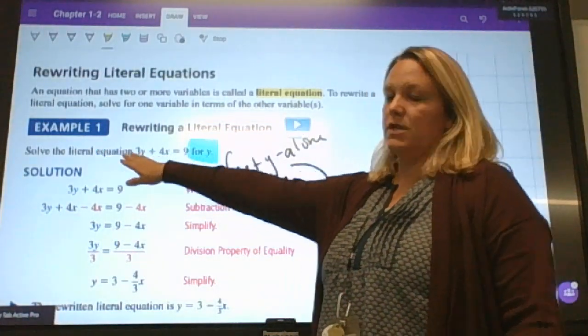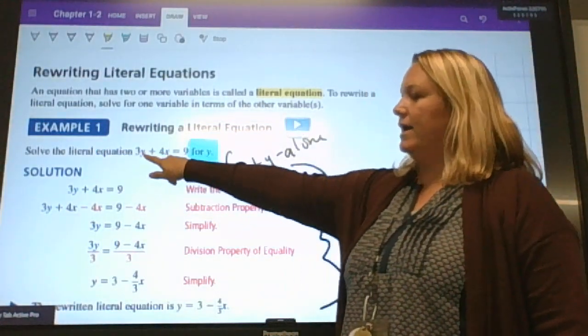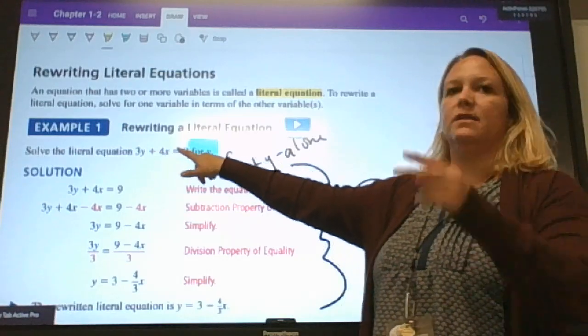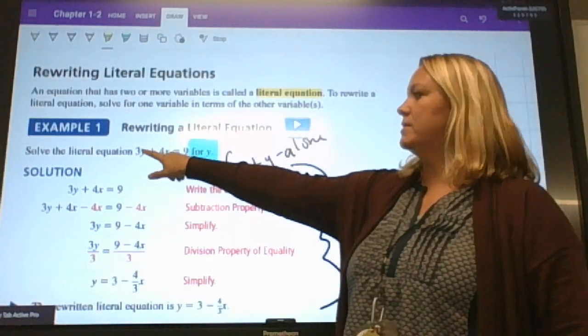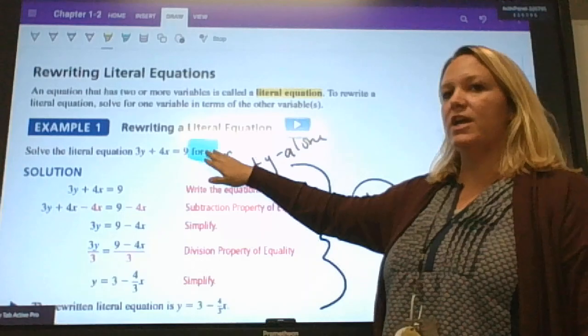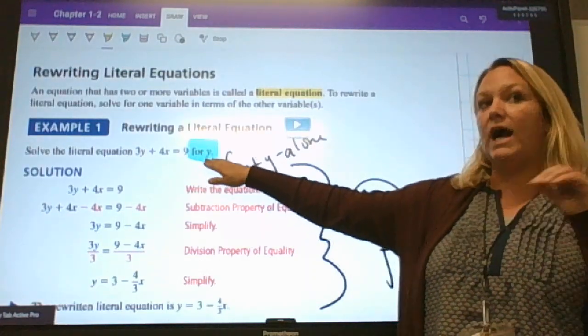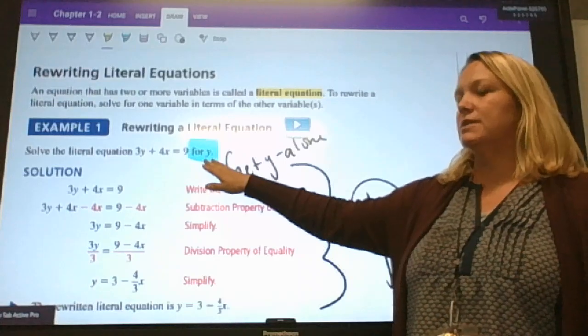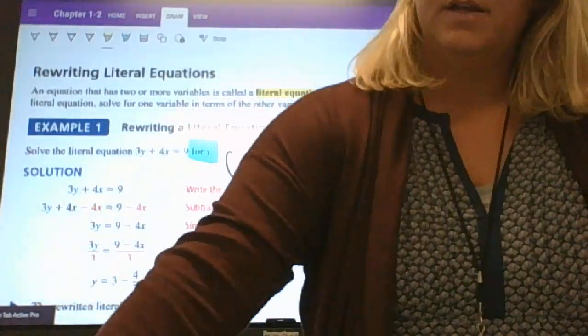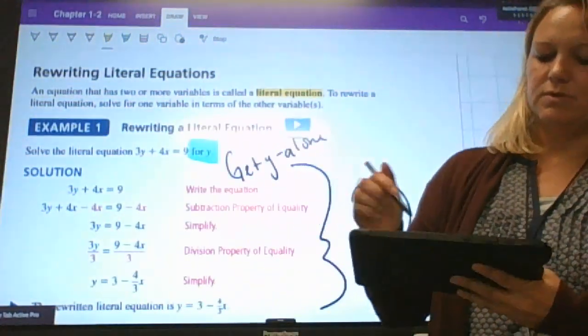So for this first example, there's 3y plus 4x equals 9. Two letters. There's a y and an x. You'll be challenged to get one of them by itself. Sometimes it'll say get y by itself. Sometimes it'll say get x by itself. Here's the y that you're supposed to get alone.